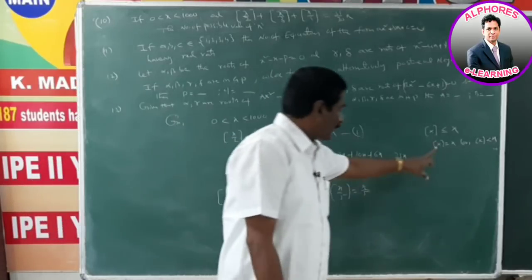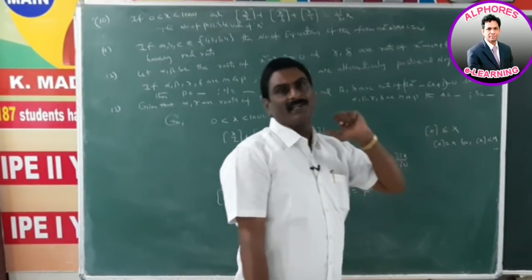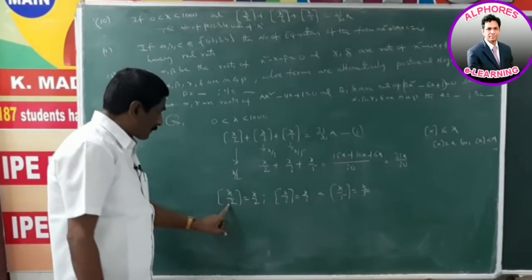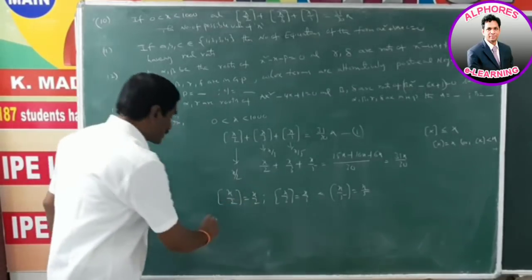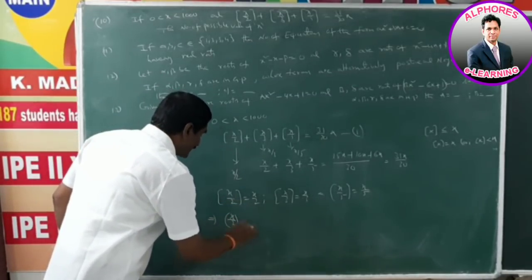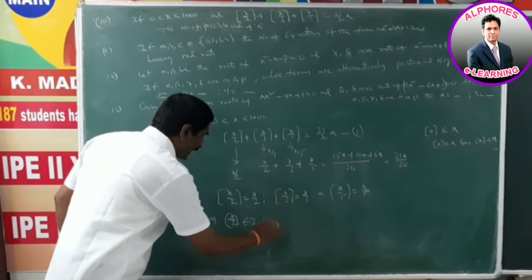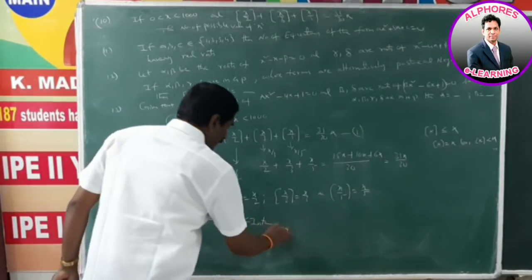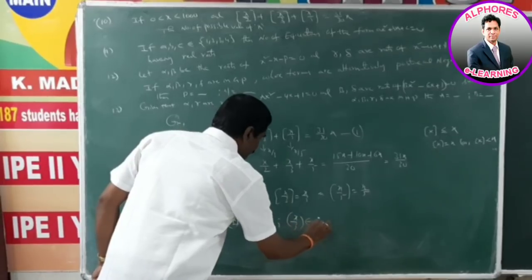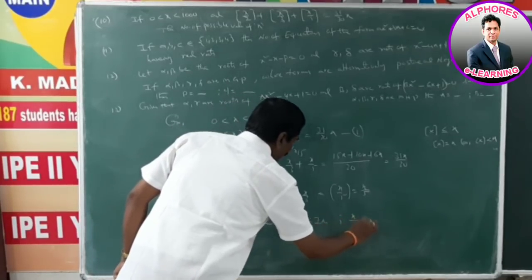Already we know that [x] is equal to x only when x is an integer. That means x/2 is an integer, x/3 is an integer and x/5 is an integer.